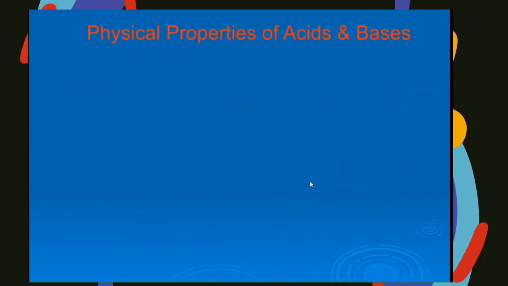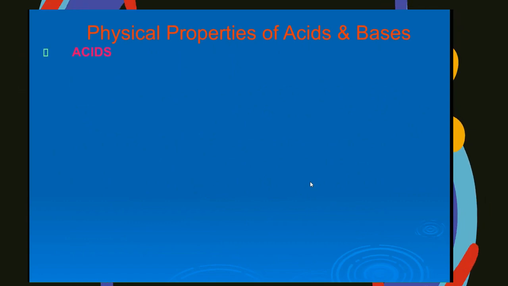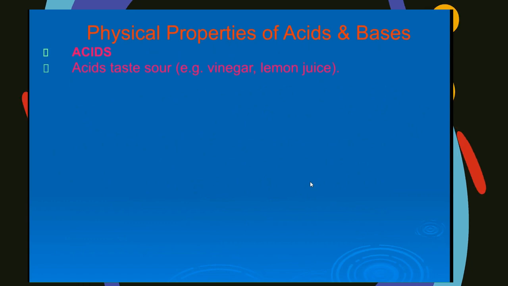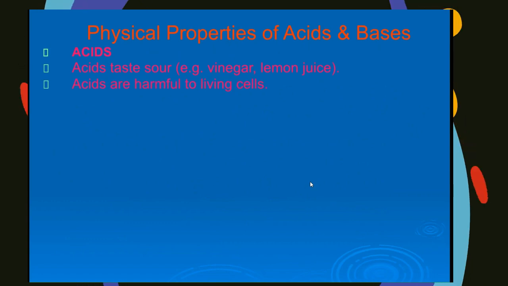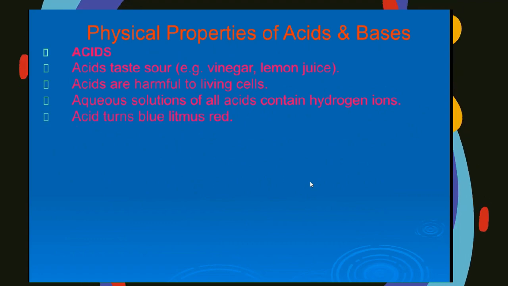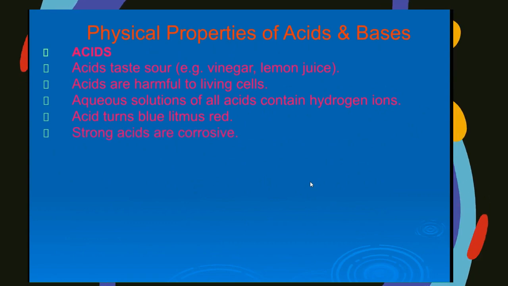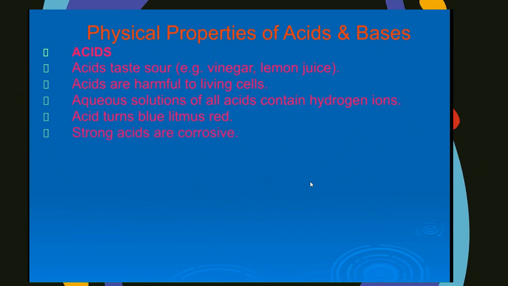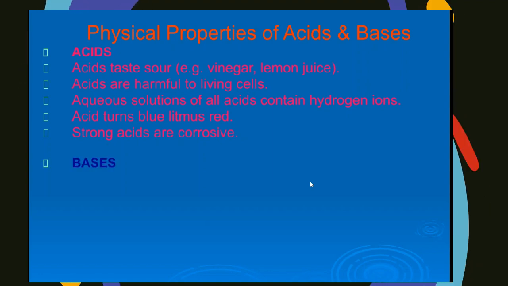Now, what are the physical properties of acids and bases? First, acids taste sour, for example vinegar and lemon juice. Acids are harmful to living cells. Aqueous solutions of all acids contain hydrogen ions. Acid turns blue litmus red. Remember it as B2R. Strong acids are corrosive and damage objects. Now, bases.